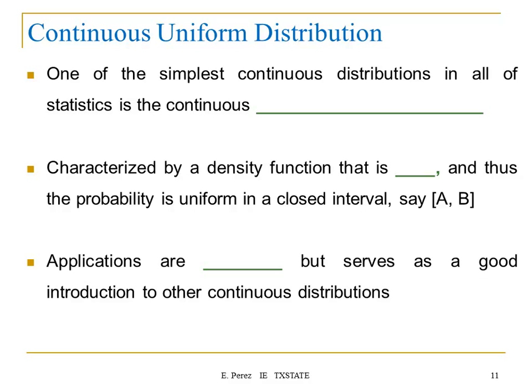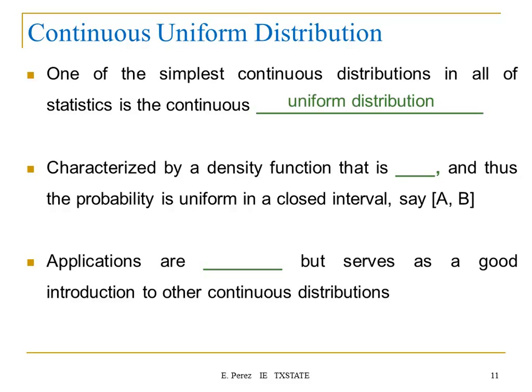So let's start with the uniform distribution. The uniform distribution doesn't have a lot of applications, but it's very important because it gives you an introduction of how to use the continuous probability distribution. It's one of the simplest continuous distributions in all of statistics.